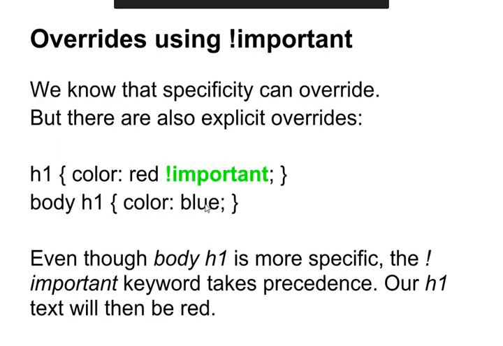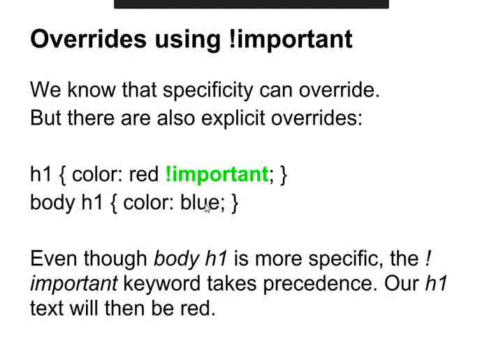Now there is one other way to override that parent-child relationship that we're talking about, and that's using a special keyword called important, which is preceded by an exclamation point. So we know that specificity can override, but there's also something called an explicit override using the important keyword.